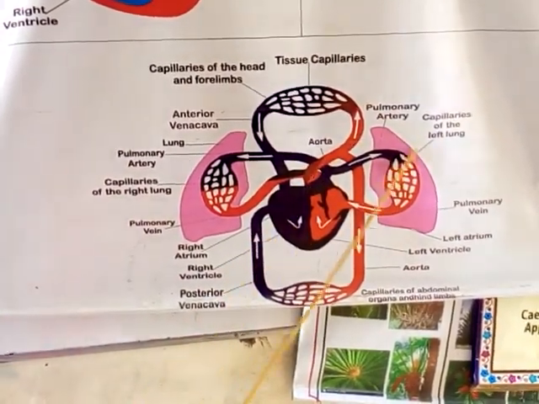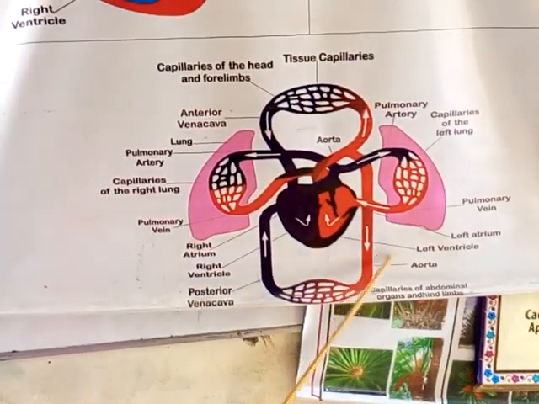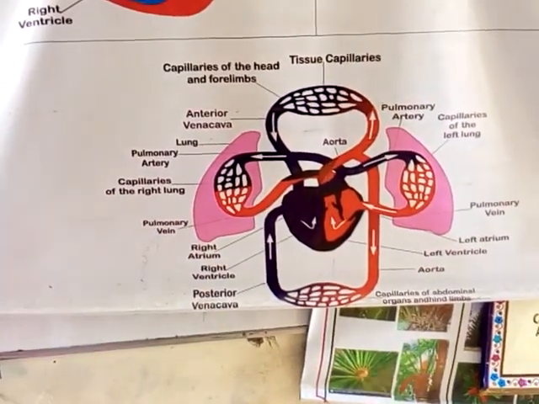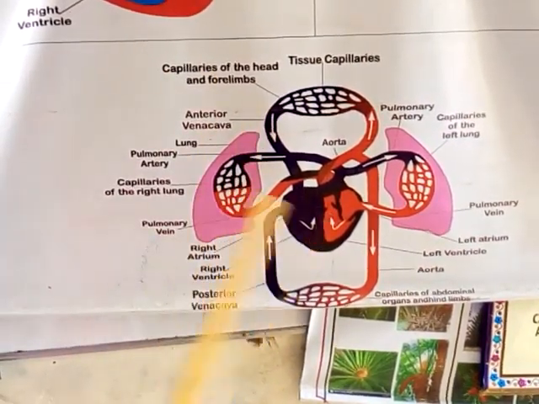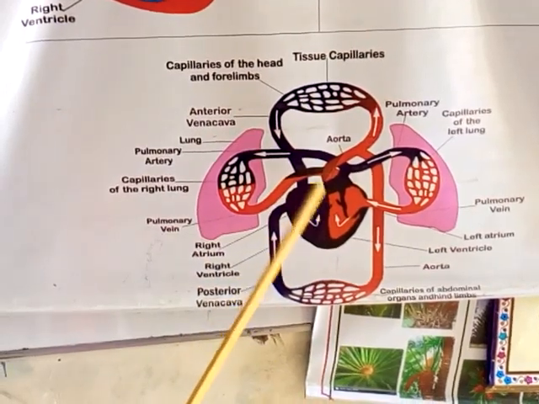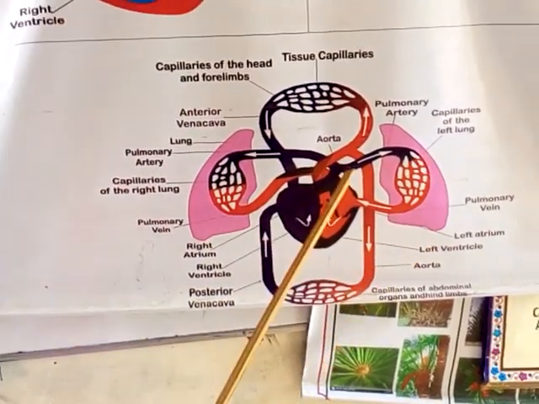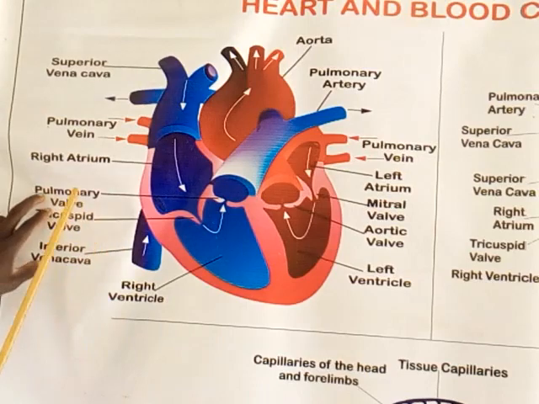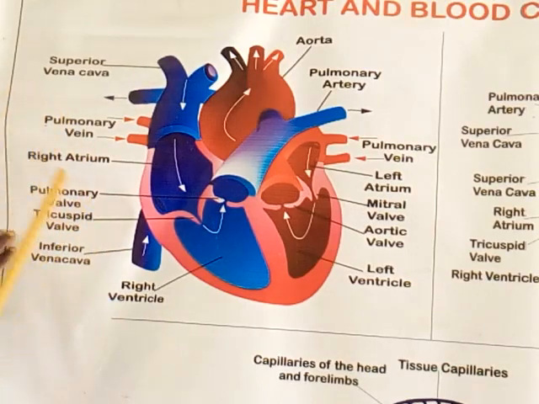Also, blood can be pumped to the kidney through an artery known as the renal artery.